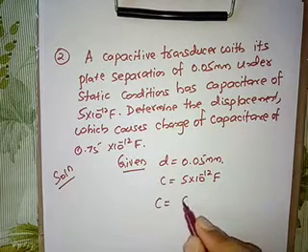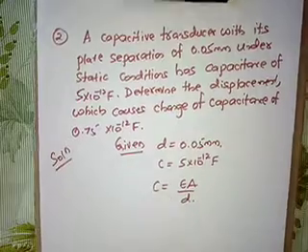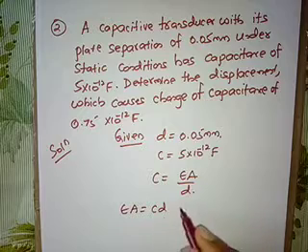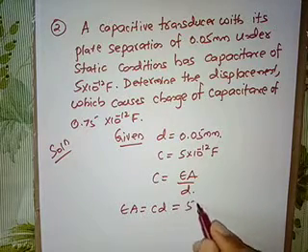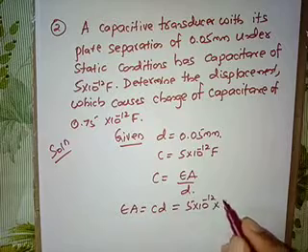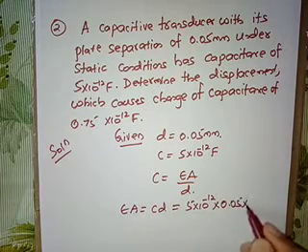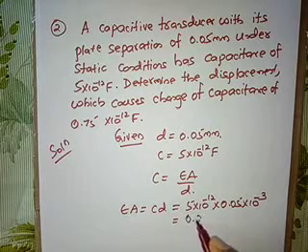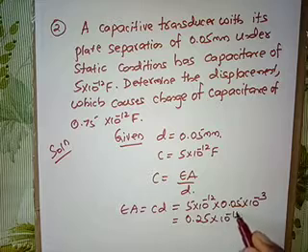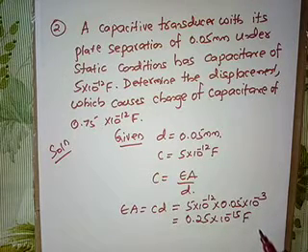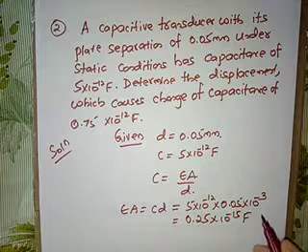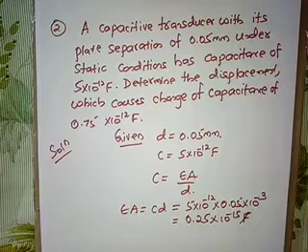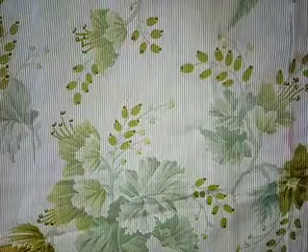Then we know that C is equal to epsilon A by D, or epsilon A is equal to C into D. That is 5 into 10 raised to minus 12 into D, and D is 0.05 into 10 raised to minus 3 meters, in terms of meters. So this will be equal to 0.25 into 10 raised to minus 15 farad. The value of epsilon A is C into D, 0.25 into 10 raised to minus 15. Right. Next step.